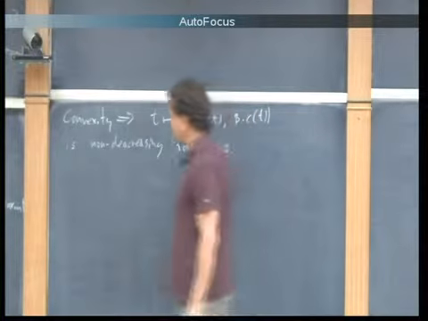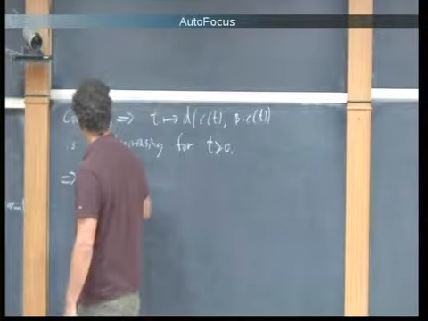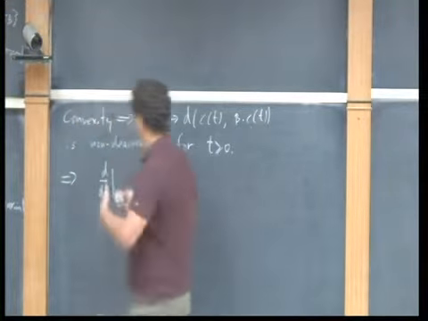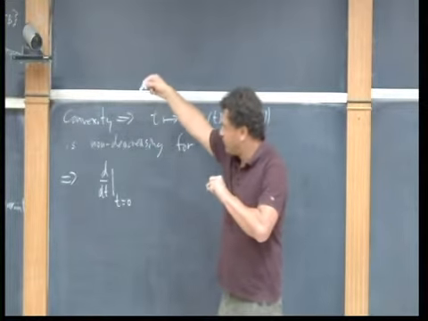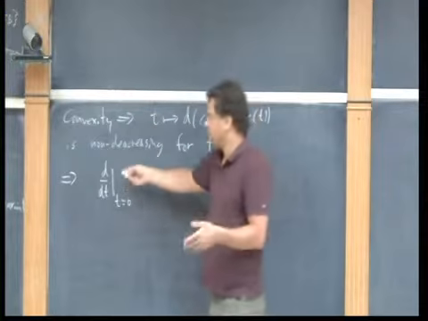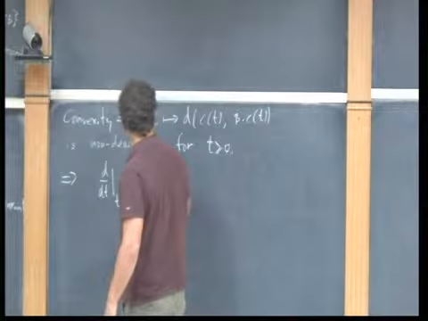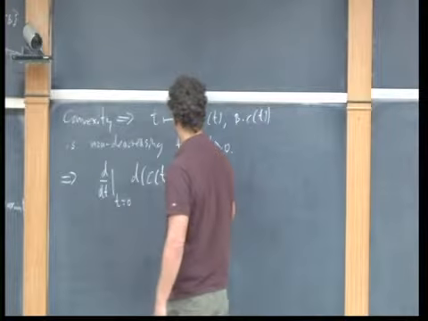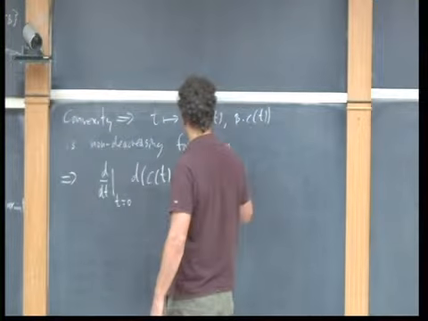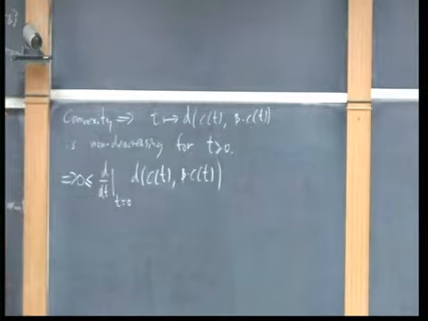But this implies that the derivative at t equals 0, of course we're taking limits when t goes to 0 from the positive side, because the function is just defined for positive numbers, but this is well defined, of this function, is non-negative. But what is it?